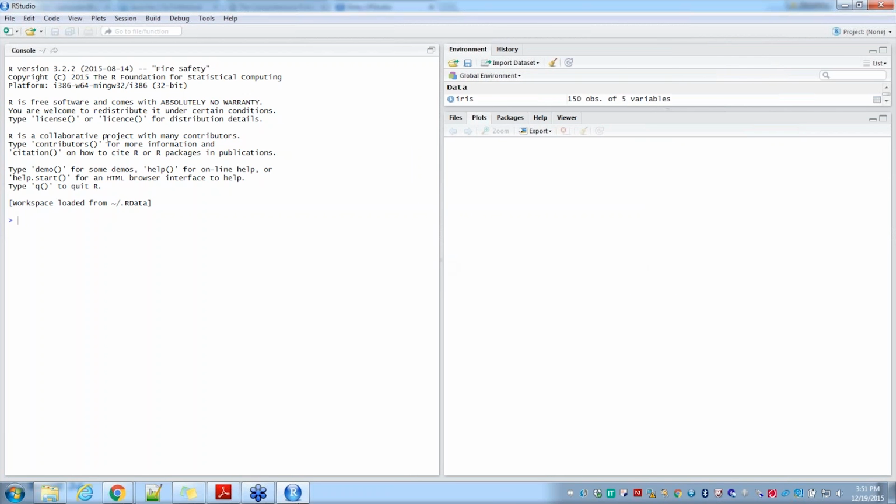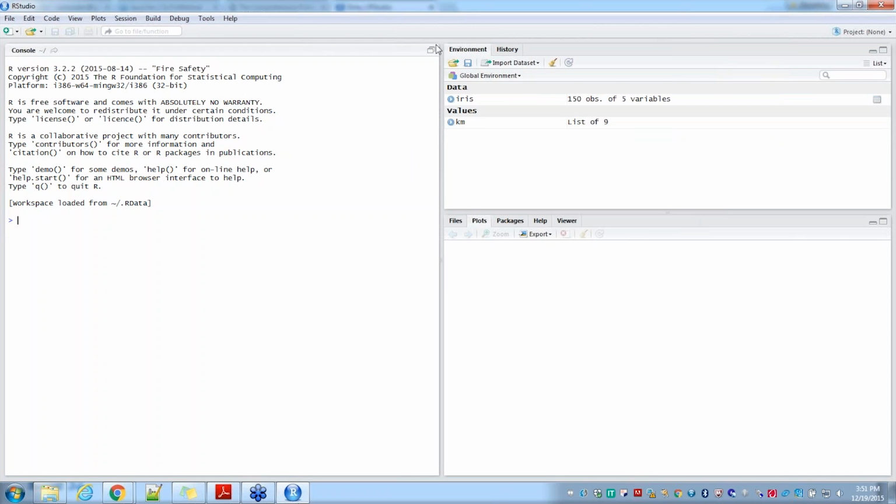It will have a console section, the environment and history section like you see in the top right hand corner, and in the bottom right hand corner all of these tabs: files, plots, packages, help, and viewer, just like on your local installation. So this does away with having to move data over a network from physically disparate locations.